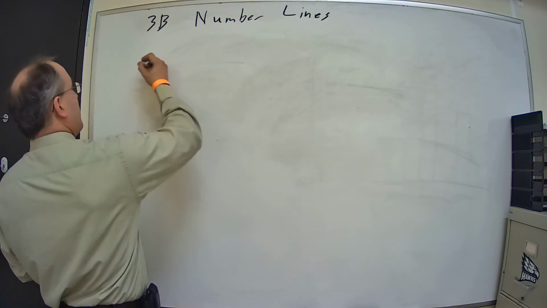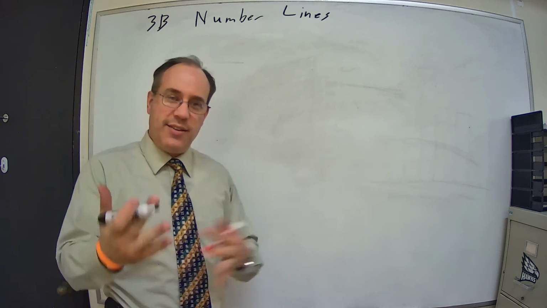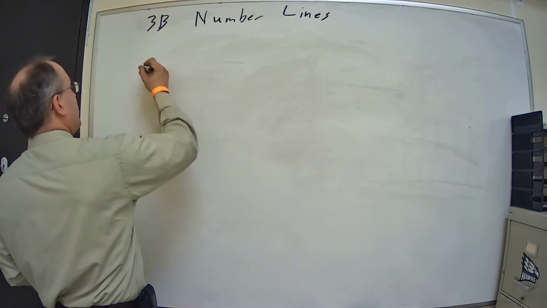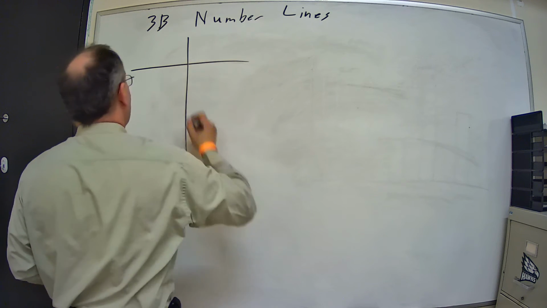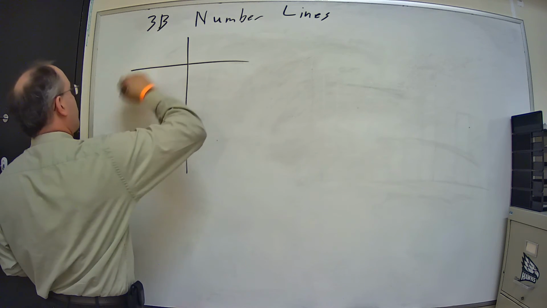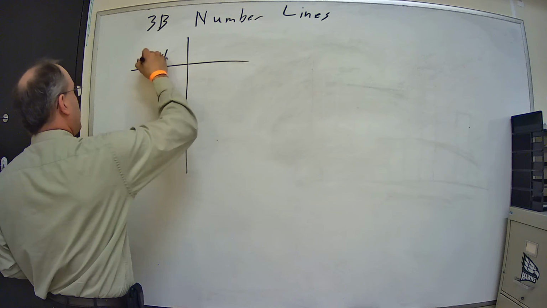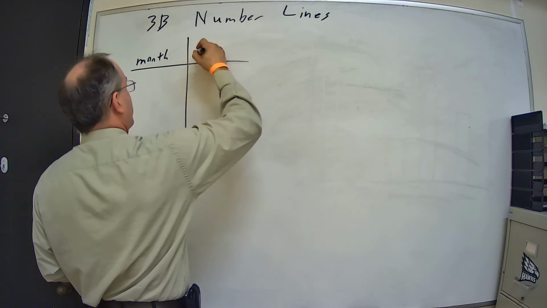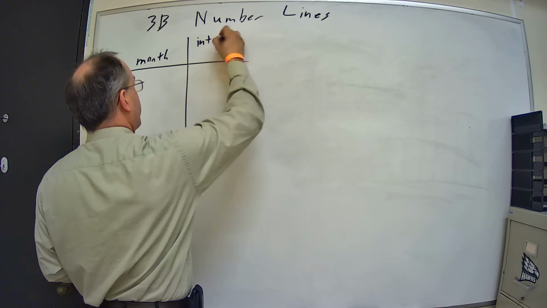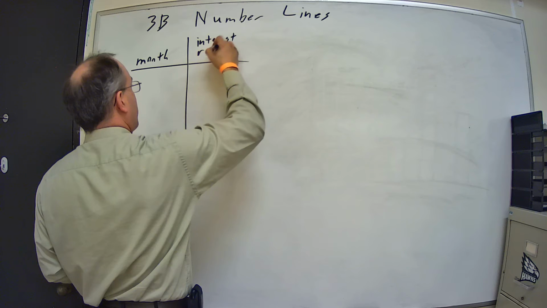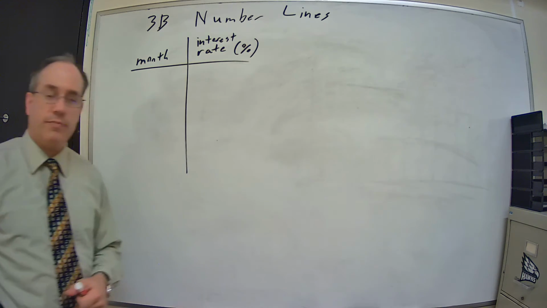So I'm going to kind of pull together decimals and dealing with negatives. We're going to go with months. So the month and the interest rate, as a percent.